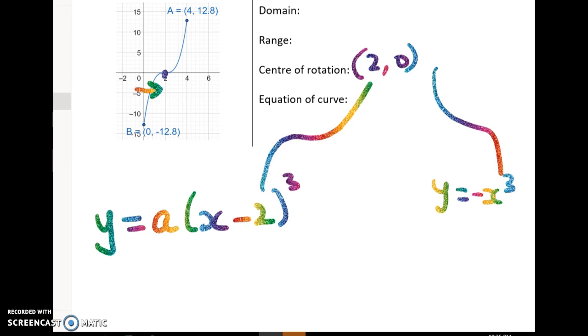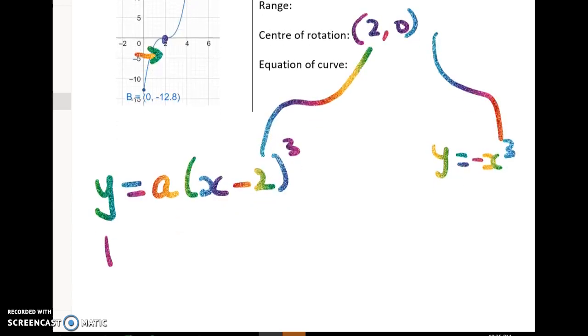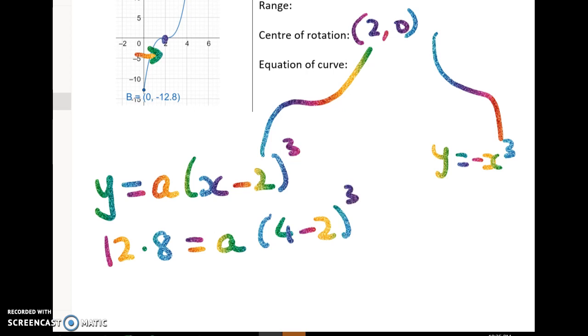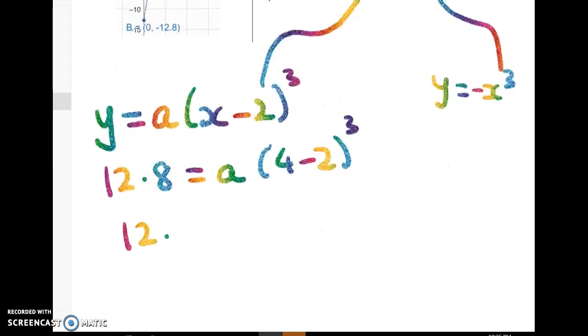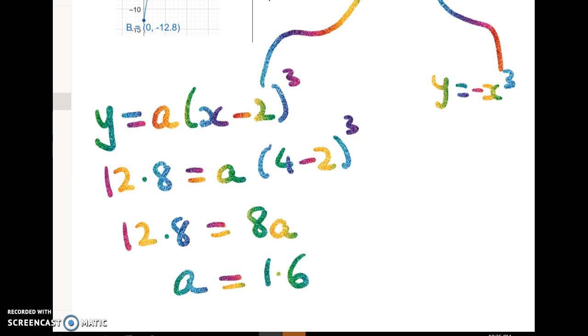So that's all I've got to deal with. We're going to sub in this point, (12.8, 4). So 12.8 equals a times (4 minus 2) cubed. 12.8 equals 8a, giving me a equals 1.6.